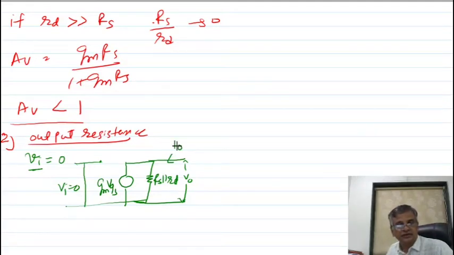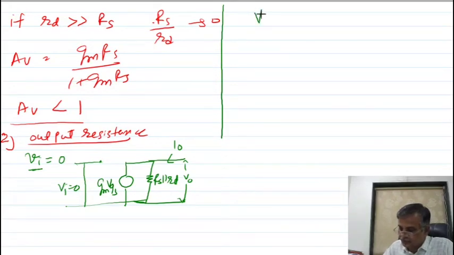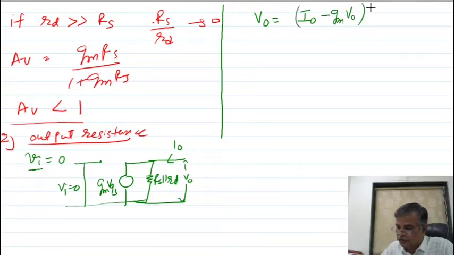So from this circuit I can say VO is equal to IO minus GM into VO into RD parallel RS. Look here.